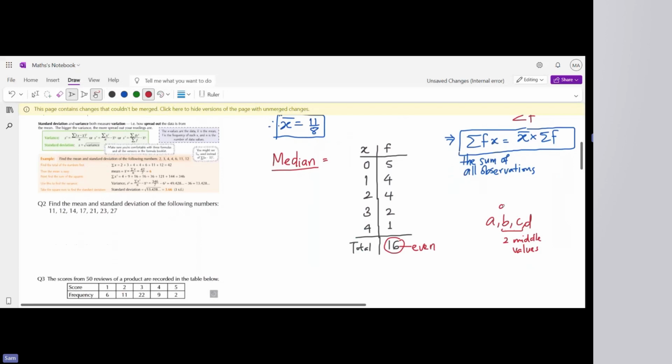Suppose these are arranged in order, A less than B less than C less than D. Then the median, denoted by MD, is B plus C divided by 2. Because we have 16 values, the 8th and 9th values are in the middle.